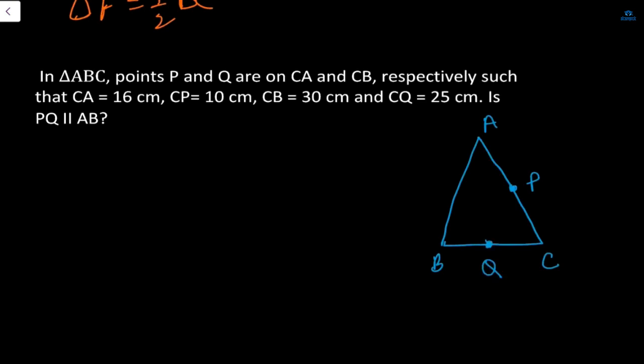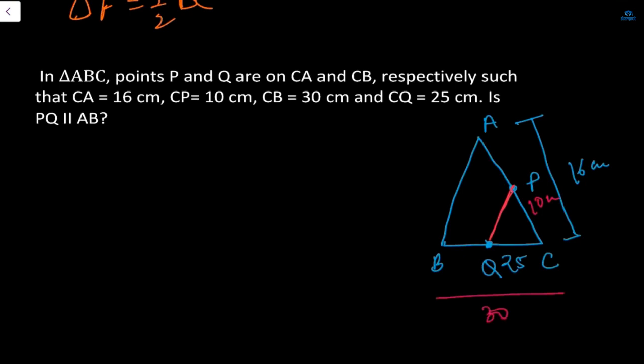Okay, उल्टा बना दिया मैंने according to this, respectively, such that CA is 16, CP is 10, CB is 30, and CQ is 25. Is PQ parallel to AB? So you need to prove that PQ is parallel to AB.